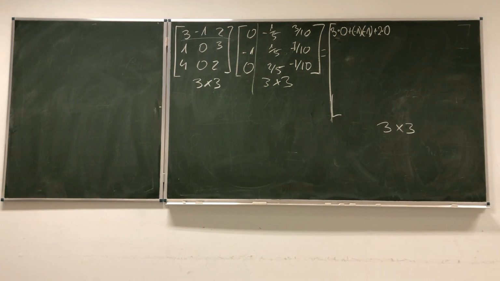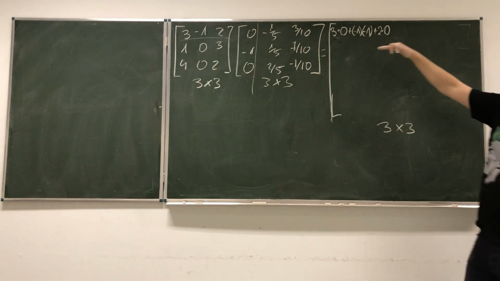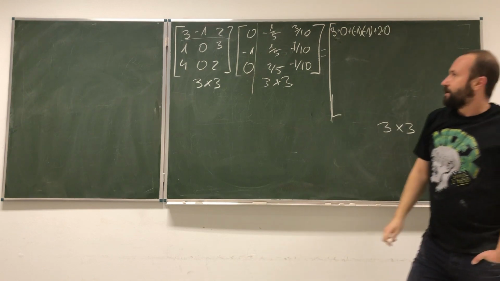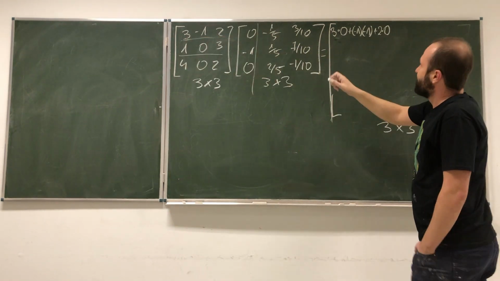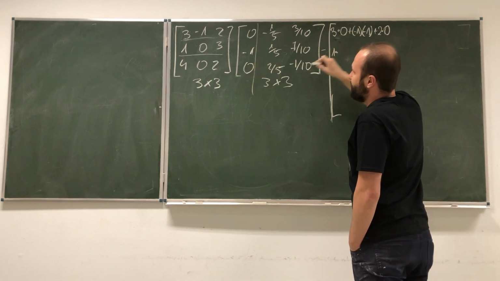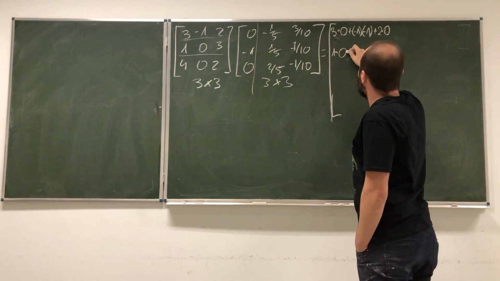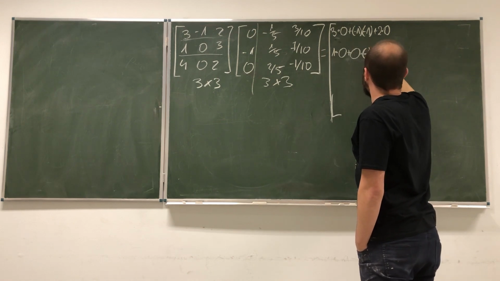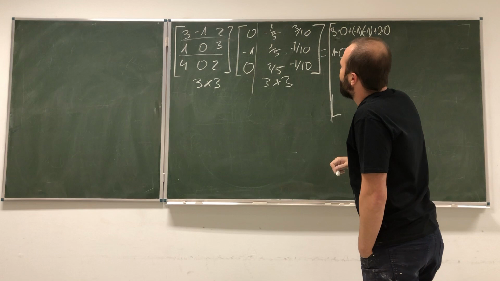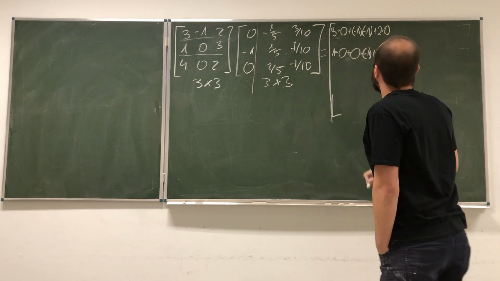Okay, now I want to get this element. This element lies in the new matrix, in the second row, first column. So now I'm going to use second row, first column. So I've got 1 times 0 plus 0 times negative 1 plus 3 times 0.